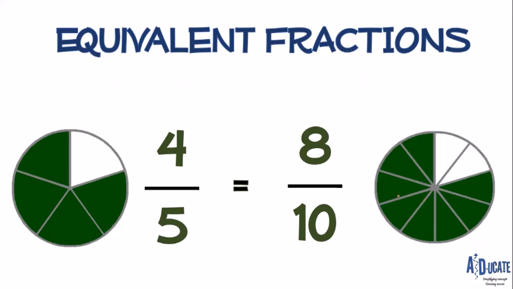And then we shaded 8. If you look closely, the shaded region on the right is the same as the shaded region on the left. 4 over 5 is the same thing as 8 over 10. 4/5 is equal to 8/10.